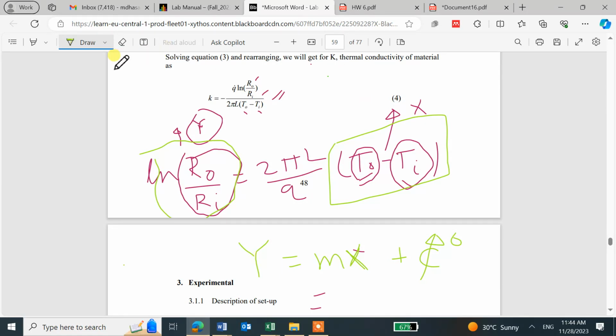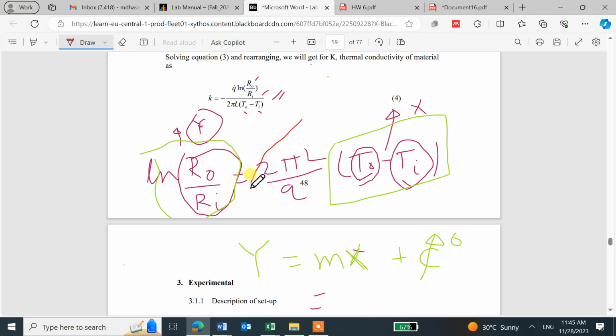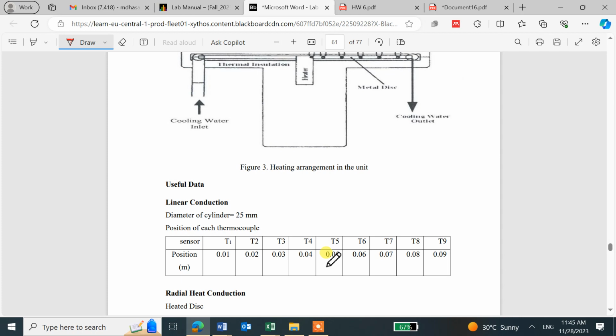The slope of this is 2 pi L K divided by Q, where 2 pi L is basically the length or thickness.